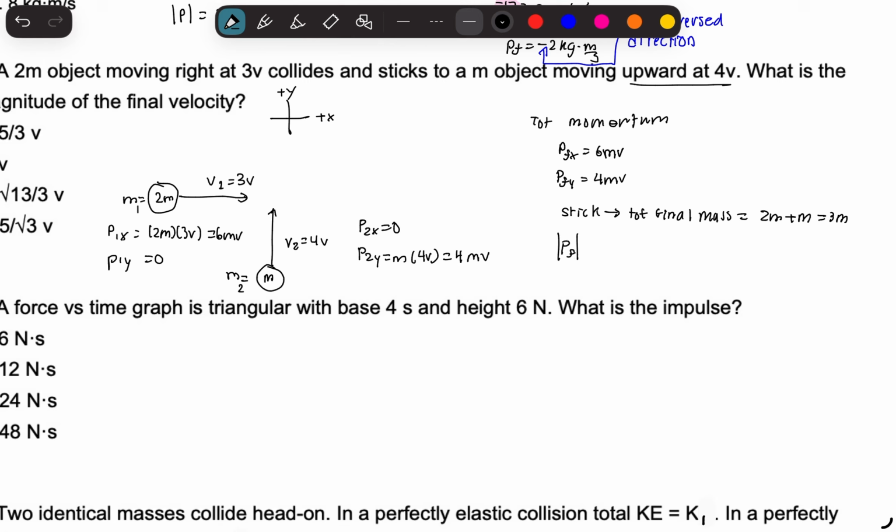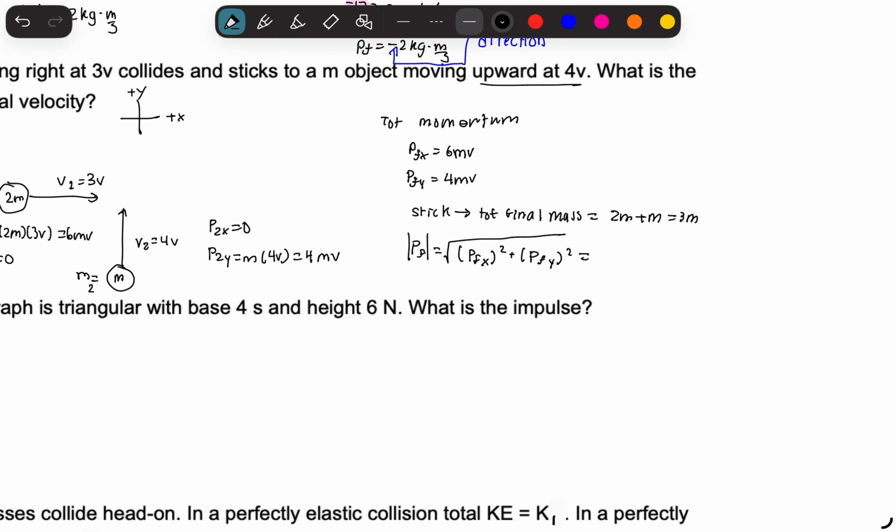You're going to take your pfx squared plus your pfy squared. So this is going to be the root of (6mv) squared plus (4mv) squared.